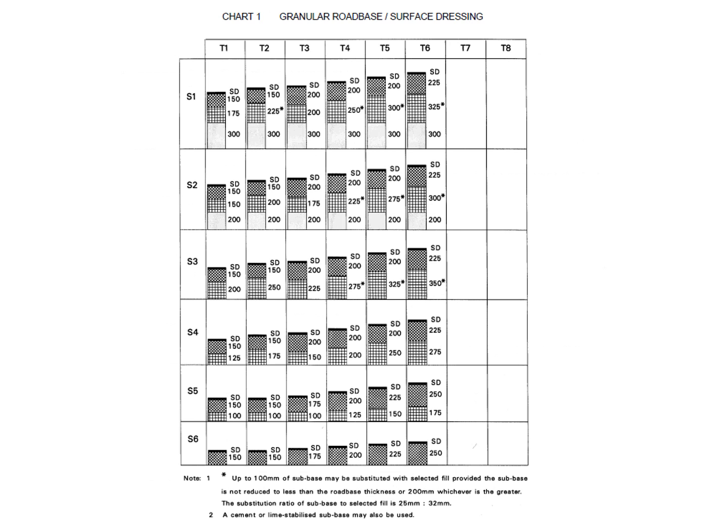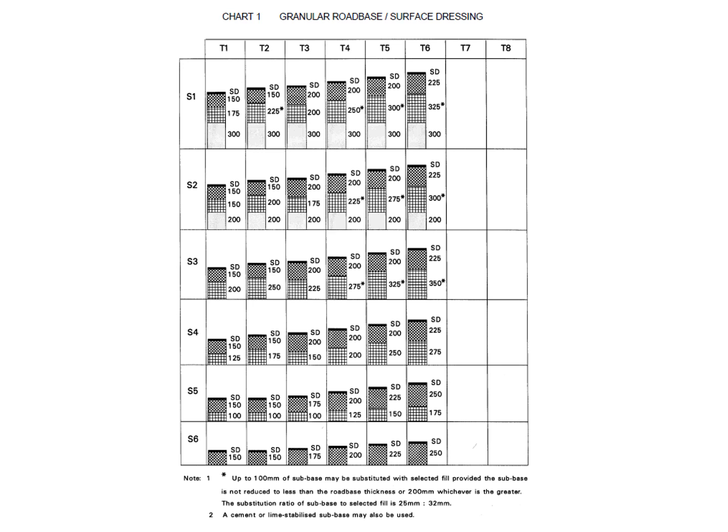From now onward, you will be able to see 8 different design charts. Here you can see granular chart number 1, granular road base, and the surface dressing is there.